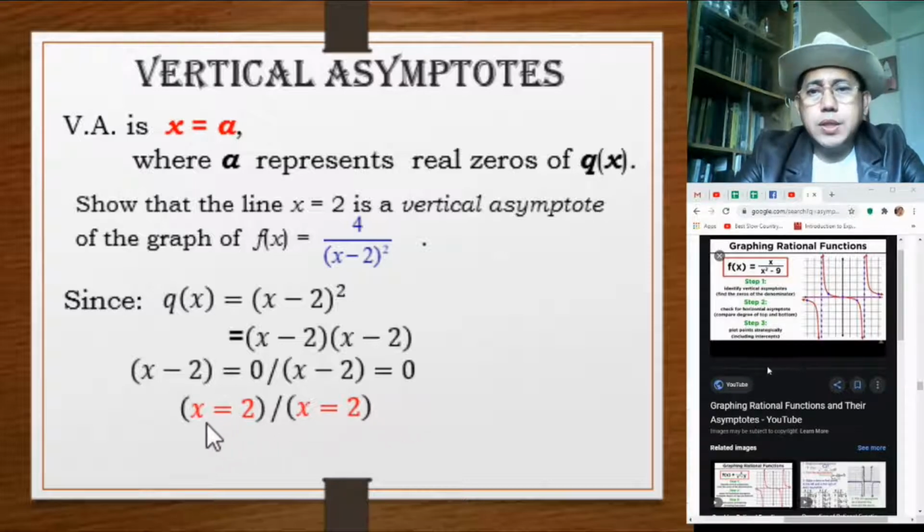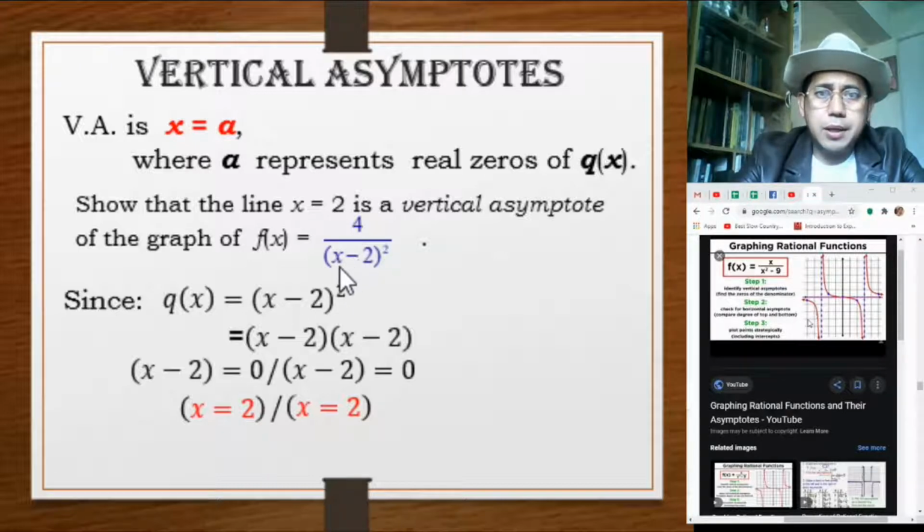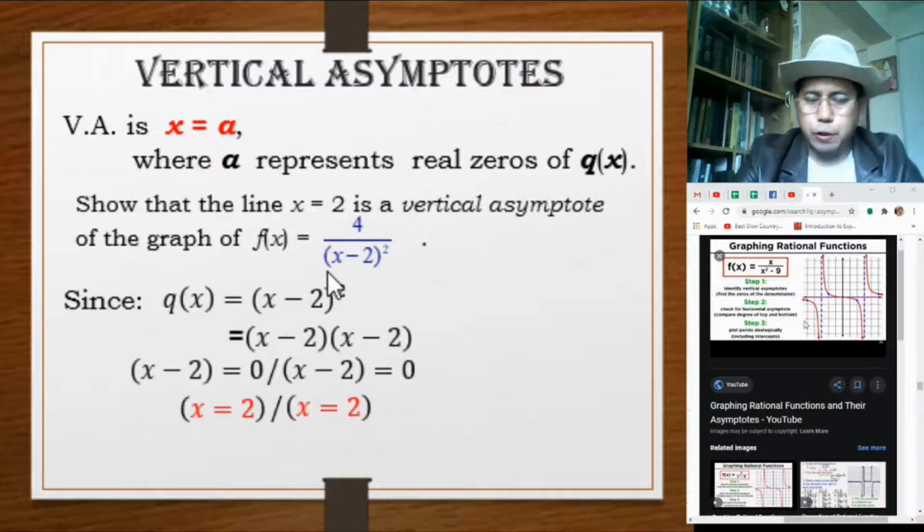So you will notice in here, x is equal to 2 is the same as this one. Meaning, the value of your a in here is actually 2, which is the restriction of our denominator in the rational function.